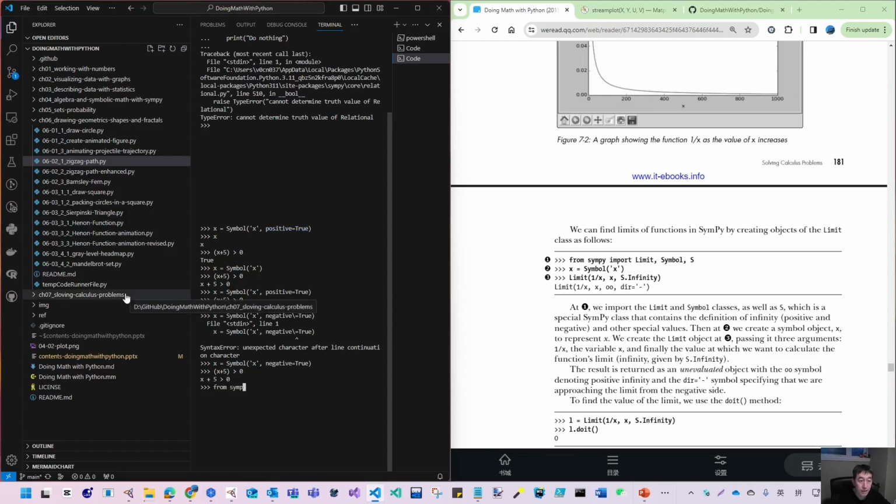So from SymPy, we will import limit. Like symbol, limit we start from a capital L. And we already have symbol, and we will import S. So S is the specific class that contains the definition of infinity. So positive infinity, negative infinity.